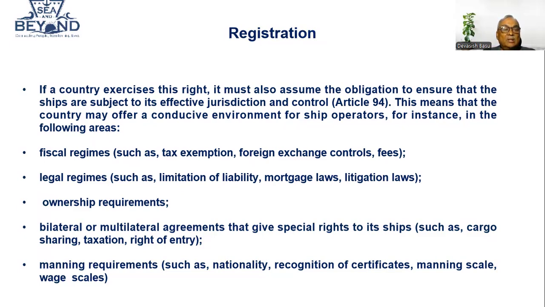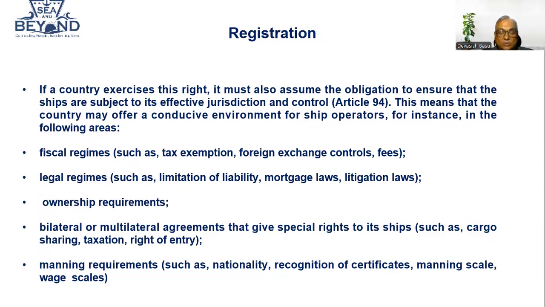That is one, the fiscal regime, such as tax, exemption, foreign exchange control, and fees. Then the legal regime, such as limitation of liability, mortgage law, litigation law, ownership requirement, and bilateral or multilateral agreements that give special rights to its ships, such as cargo sharing, taxation, right of entry.